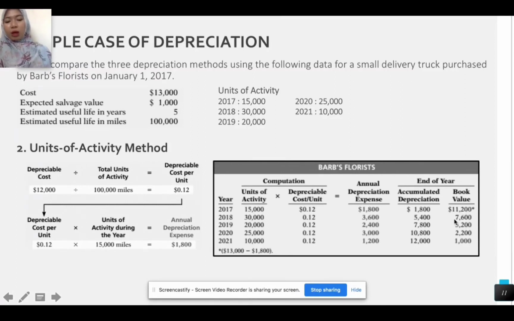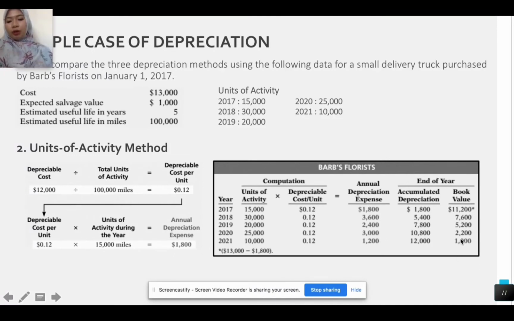For 2018 it is $13,000 minus $5,400. So book value for 2018 is $7,600.